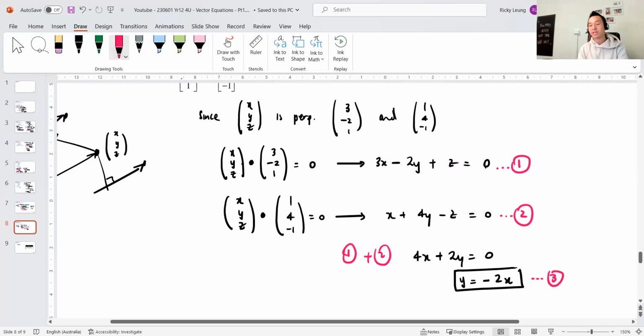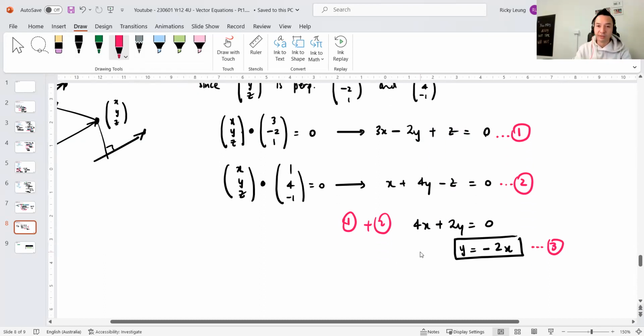Number 3. Now, I made y in terms of x. I need to make z in terms of x as well. So maybe I need to eliminate y's. So why don't I double 1? So 1 times 2 gives 6x minus 4y plus 2z equals 0, and call it number 4.